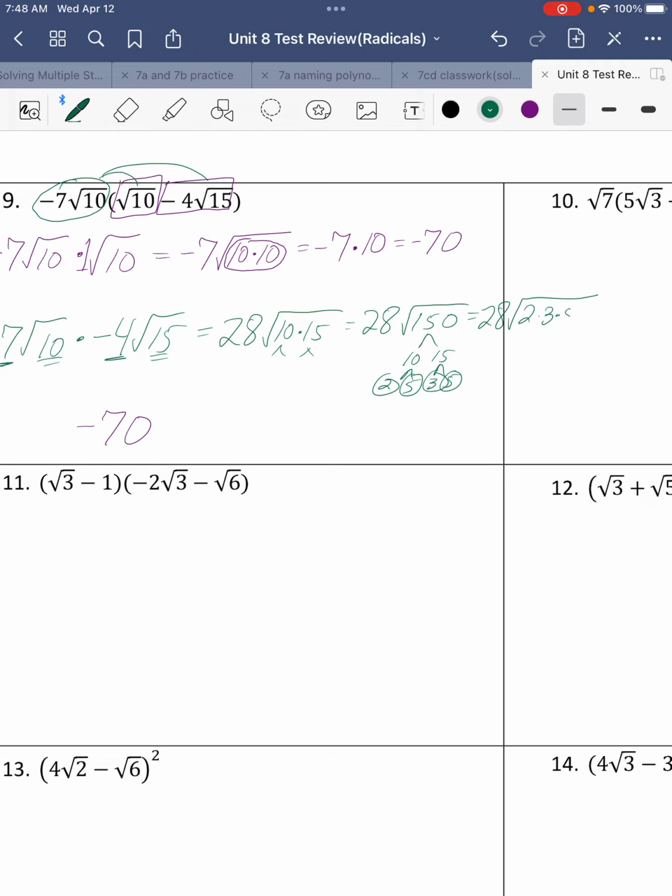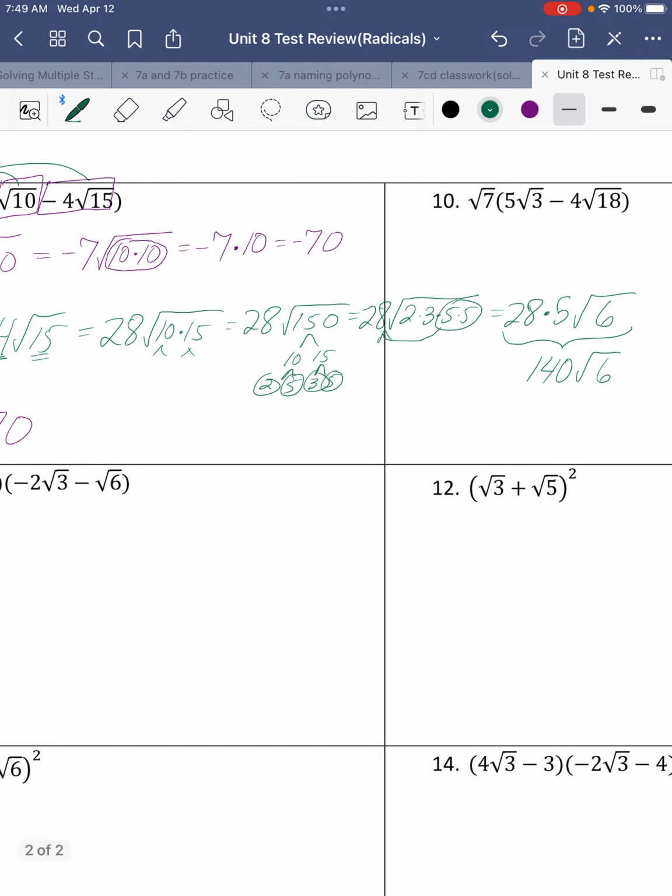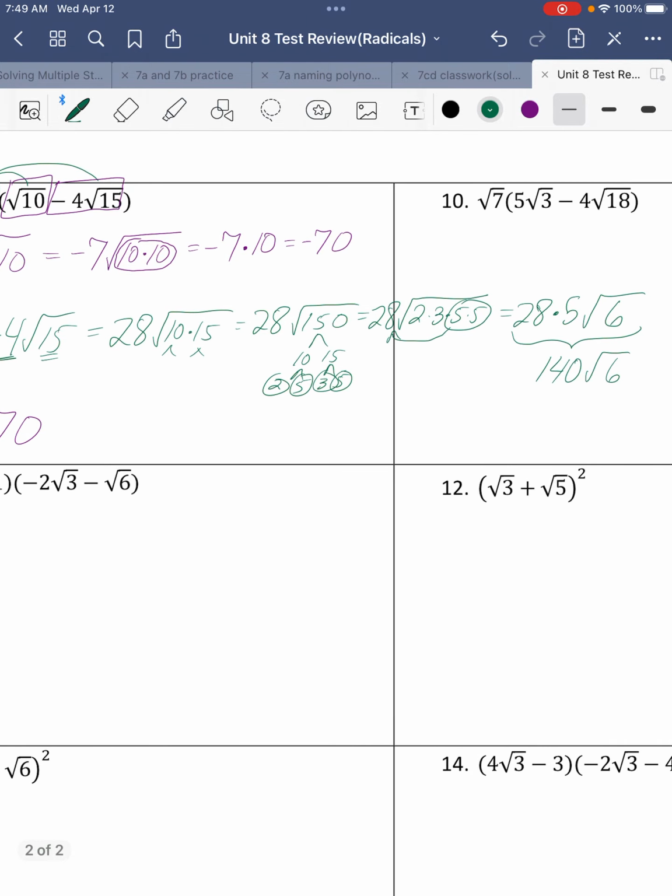So this is going to end up being 28. We have 2 times 3 times 5 times 5. So we have a pair of 5s that'll come out. That's just 1 5. So 28 times 5. 2 times 3 is left over on the inside, which is 6. And 28 times 5 is 140.